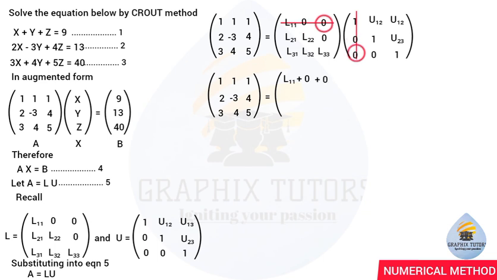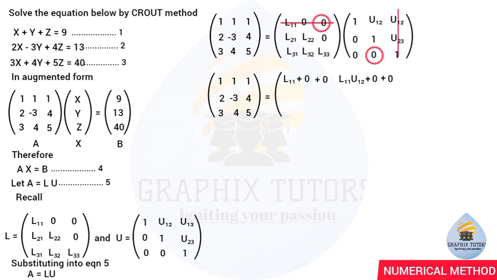Now if I go to the second column, I'll be having L11 times U12 plus 0 times 1, which will still give you 0, plus 0 times 0, which will still give you 0, right? So I'll go to the third column of the second matrix.